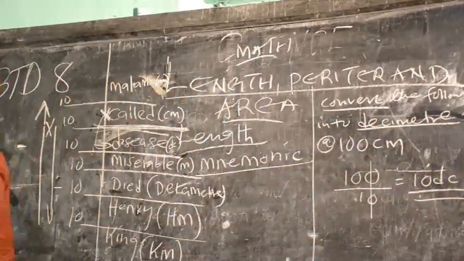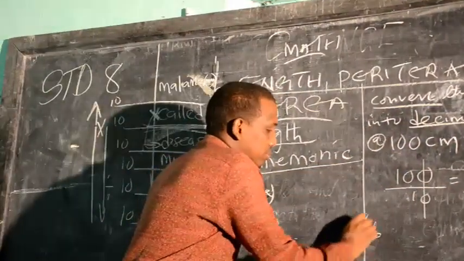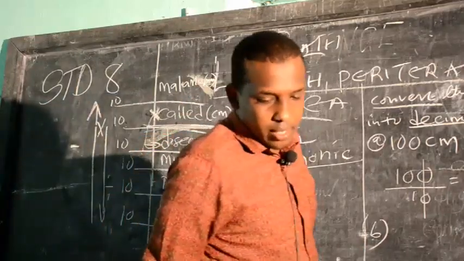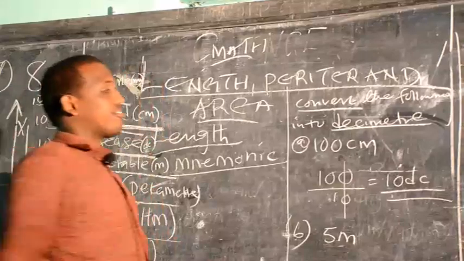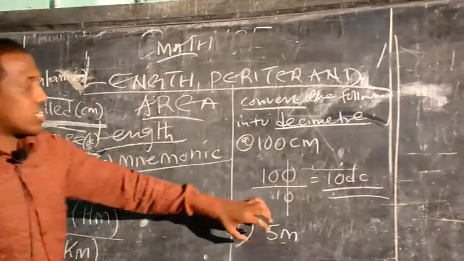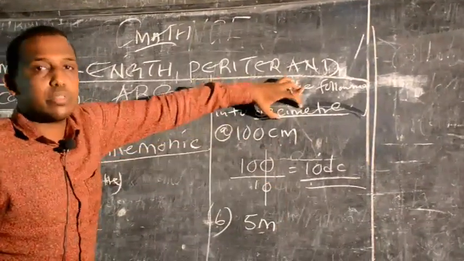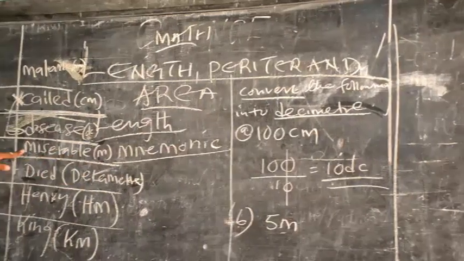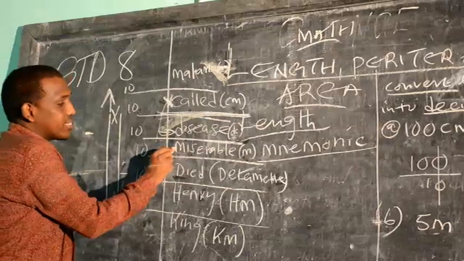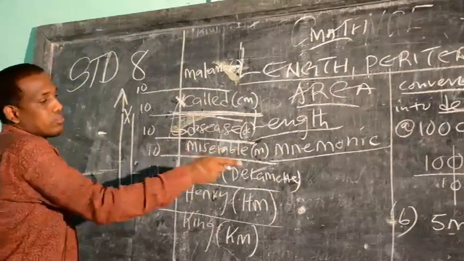That's how we solve. Question B, we have 5 meters. They want these 5 meters to be decimeter. Where is meter? It's here, miserable, meter. They want us to change that meter to decimeter.